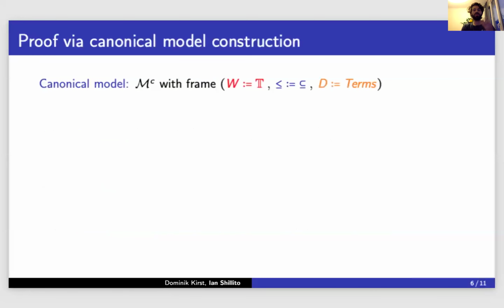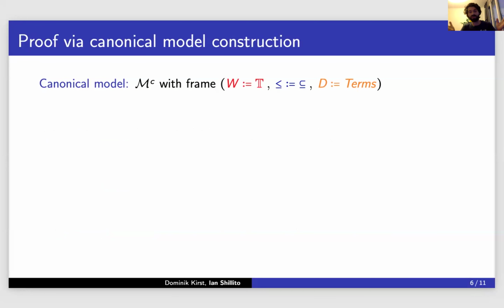Okay, so what I'll do is first try to remind you roughly how we do our canonical model construction. Then I'll delve into the details of this proof in our specific case of first order bind.